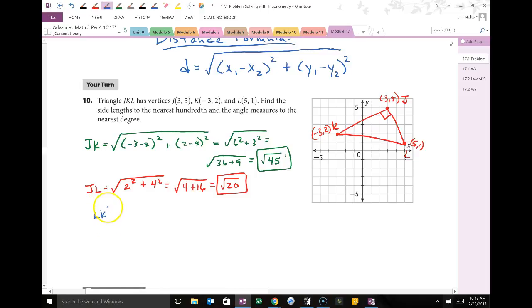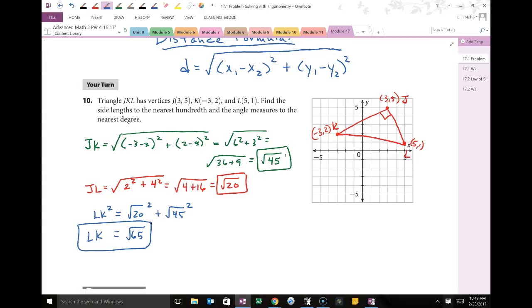So LK squared plus, nope, just kidding, I was just seeing if you were paying attention. The square root of 20 squared plus the square root of 45 squared, which is just 65 square rooted, right? Whatever the square root of 65 is, it's the square root of 65. Some number that no one cares about.